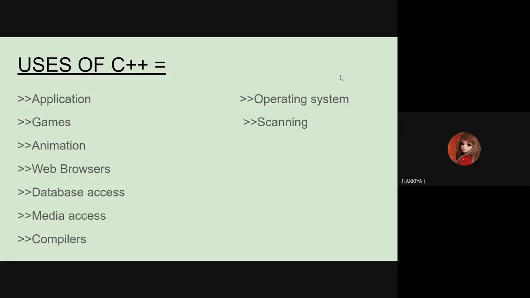The next one is the operating system. It is used for developing most of the operating systems like Microsoft Windows 95, 98, 2000, Microsoft XP, Microsoft Office, and Microsoft products.